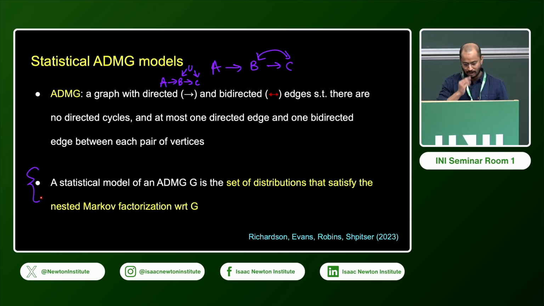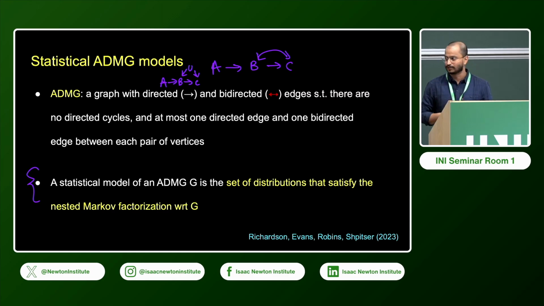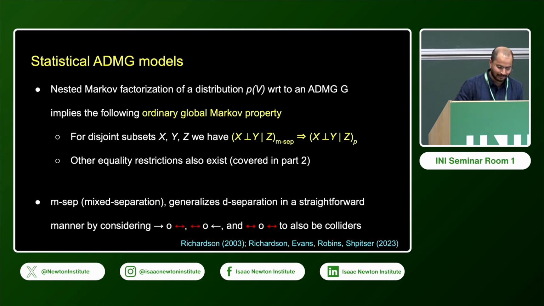Okay. A statistical model of an ADMG is the set of distributions that satisfy the nested Markov factorization with respect to G. I will not go into the entire nested Markov factorization, but I promise I will give you an example of what the nested Markov factorization looks like. And I'll do it using the front door model. The nice thing about the nested factorization is that when you have a distribution that nested Markov factorizes with respect to an ADMG, it implies an ordinary global Markov property.